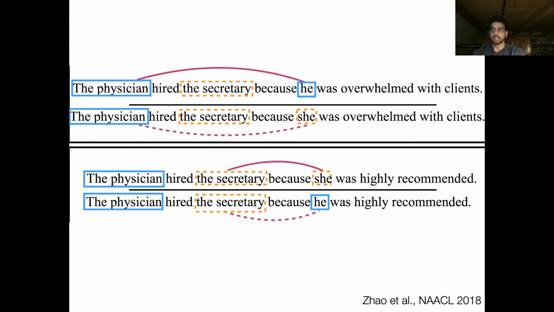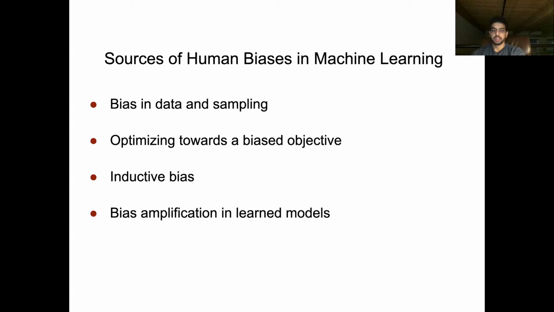And I believe there's another data set as well, also about co-reference, that has a similar kind of property. So there are a couple that I'm aware of, and I'm sure there's a lot more that I'm not aware of. This is becoming increasingly more common as a way of measuring these kinds of biases. But actually removing or mitigating them is another matter, and it's also useful to measure your mitigation strategy on these challenge data sets.